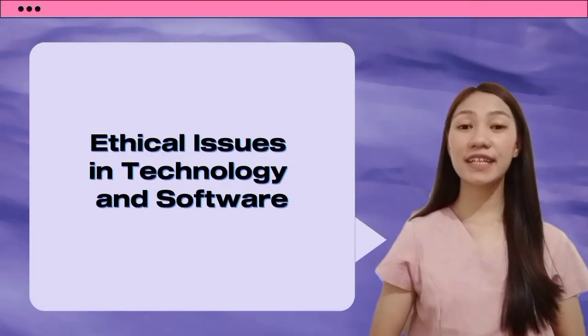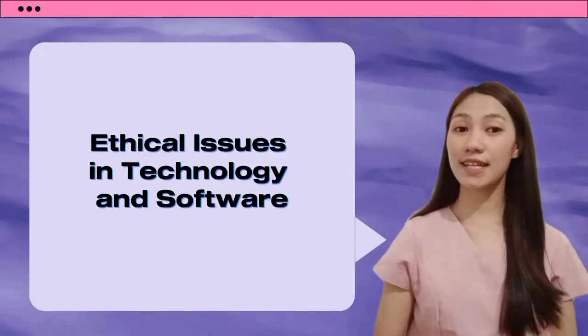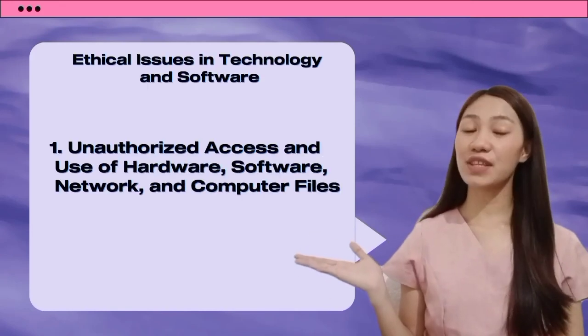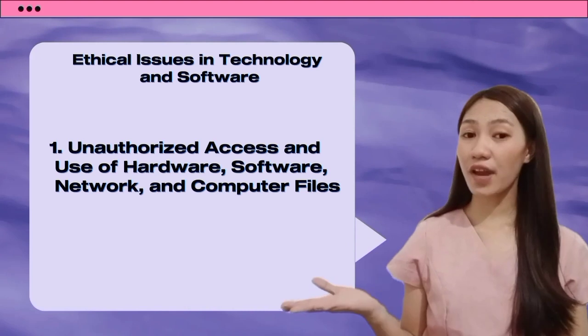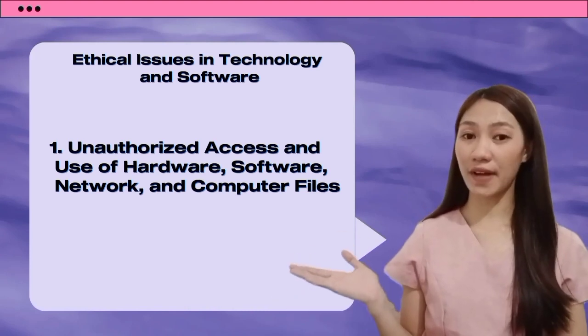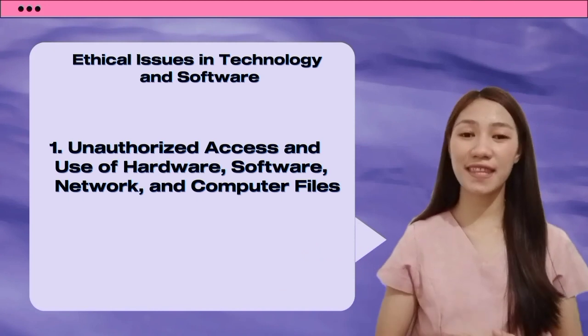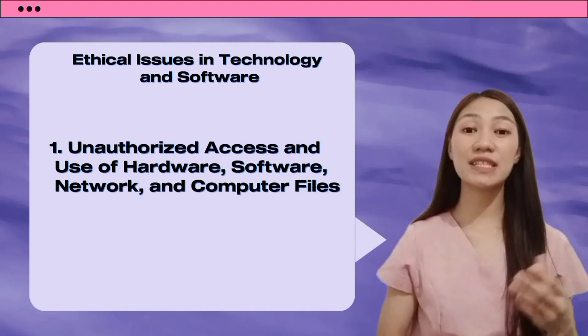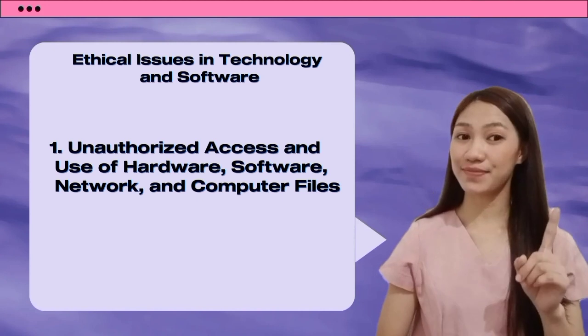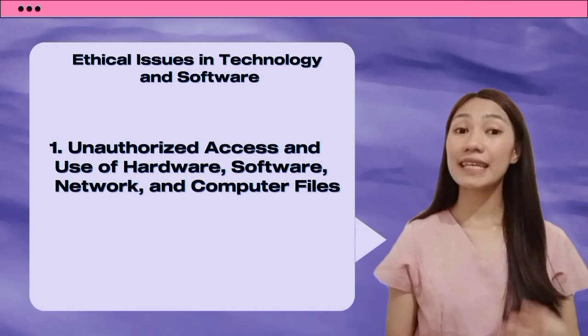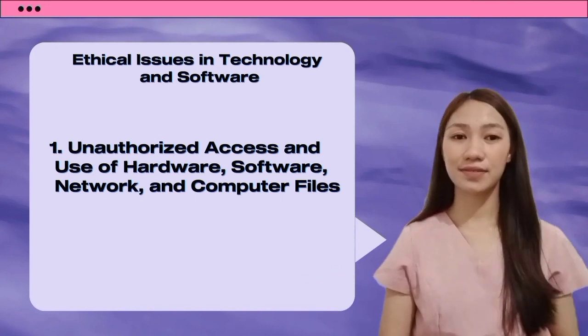So we have here the ethical issues in technology and software. First, unauthorized access and use of hardware, software, network, and computer files. There are many cases when we want some things to be kept private and would not allow others to use it, such as diaries, messages on our mobile phone, emails, and many others.